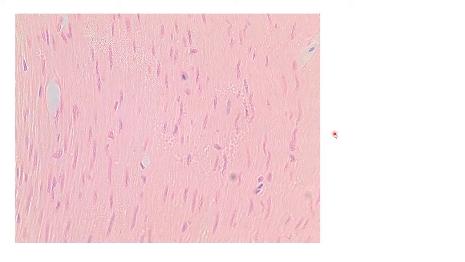Smooth muscle is found all over the digestive system because smooth muscle helps us to move our food from our stomach all the way through our gut. Smooth muscle tissue gets its name because it does not have striations. When you look at this type of tissue, you're not going to see those stripes like we saw before.